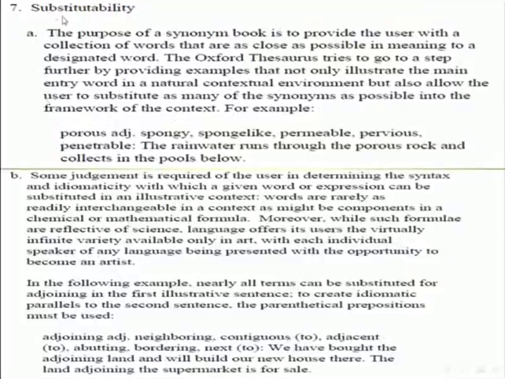7. Substitutability. A. The purpose of a synonym book is to provide the user with a collection of words that are as close as possible in meaning to a designated word. The Oxford Thesaurus tries to go a step further by providing examples that not only illustrate the main entry word in a natural contextual environment, but also allow the user to substitute as many of the synonyms as possible into the framework of the context.